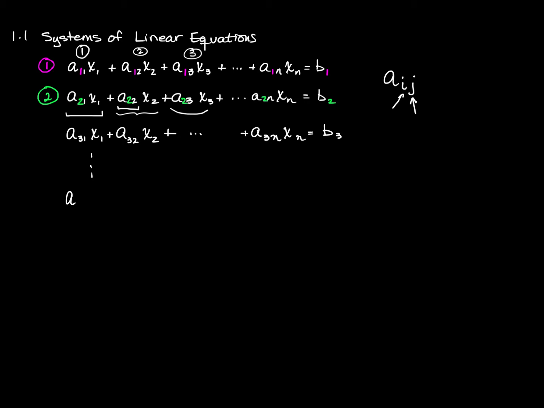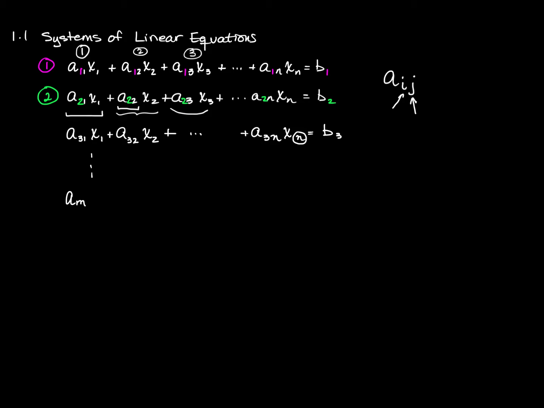Well, I don't want to use n again because I've already used n, and I may have a system of equations that has more equations than it does terms, or vice versa, fewer equations than terms. So I'm going to use a different letter to represent the fact that I may have n terms in my equation, but I may not have n equations in my system. I could have a different number. So I'm going to use the letter m for that.